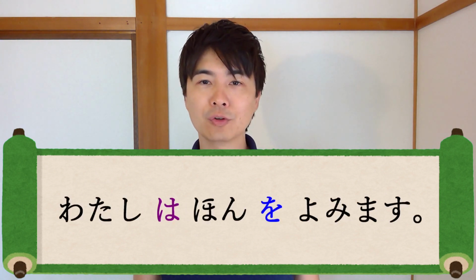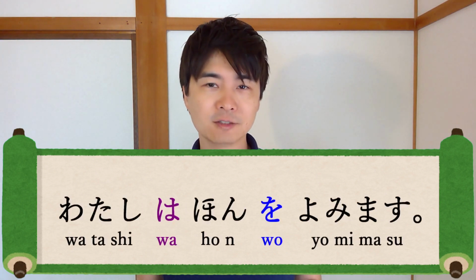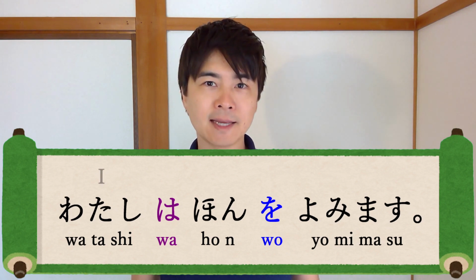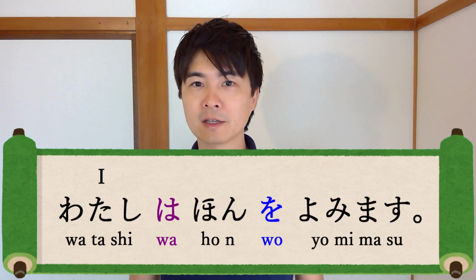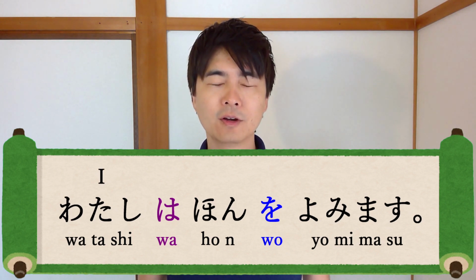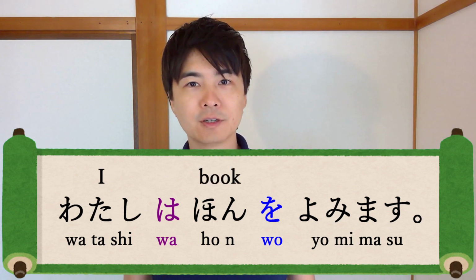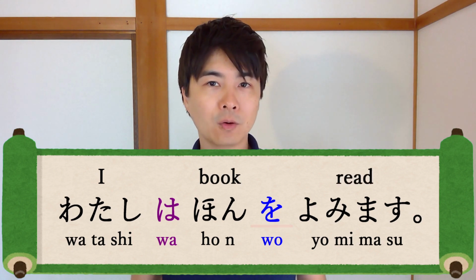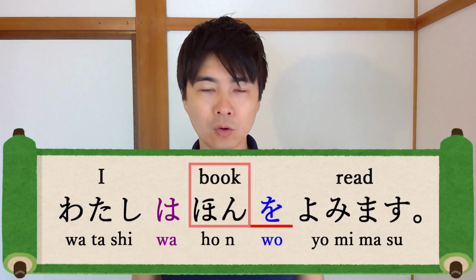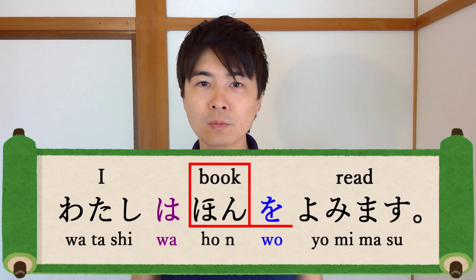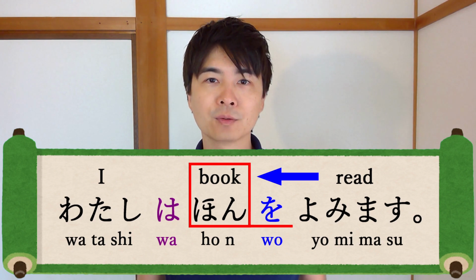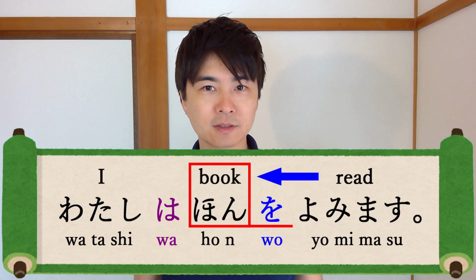私は本を読みます. This sentence means I read books. 私 means I. は is a topic marking particle meaning as for. 本 means book. 読みます means to read. Since the particle を is following the noun 本, we can know that the object of the verb 読みます is 本. So this sentence means I read books.